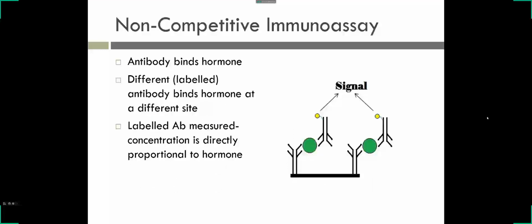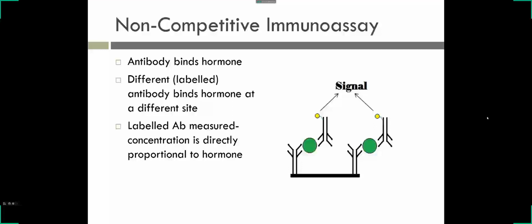Instead of labeling the hormone, you can also use an antibody if it's available, which will bind the hormone. And this is called a non-competitive immunoassay. In this case, you have an antibody which binds your hormone. Then you have a different labeled antibody, fluorescent labeled or colorimetrically labeled or enzymatically linked labeled.